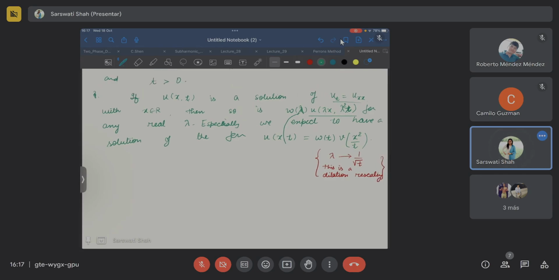So if we implement this form of u in the equation ut = uxx, we need to know the derivative of u with respect to t and the double derivative of u with respect to x. So can anyone tell me what will be the derivative of u with respect to t? Please do the calculation and let me know.